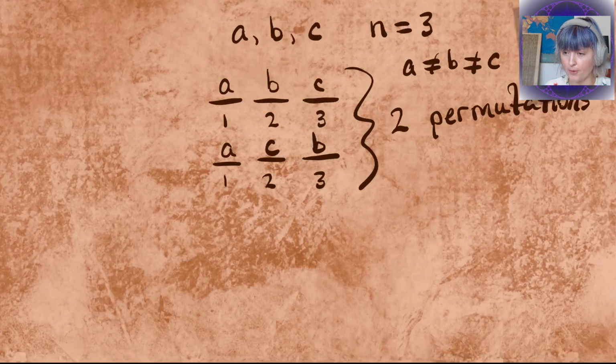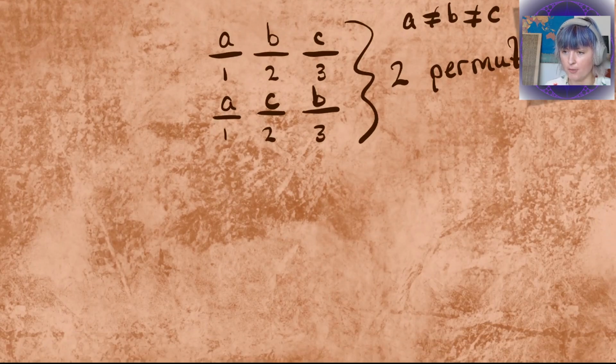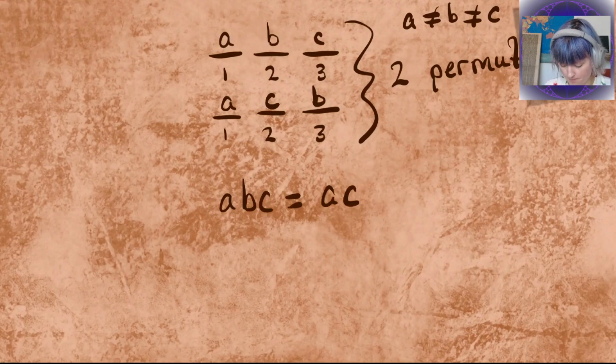But if we were to look at both of these permutations and say, given these two permutations, how many combinations do you have? You just have one. So ABC is equal to ACB. One combination.